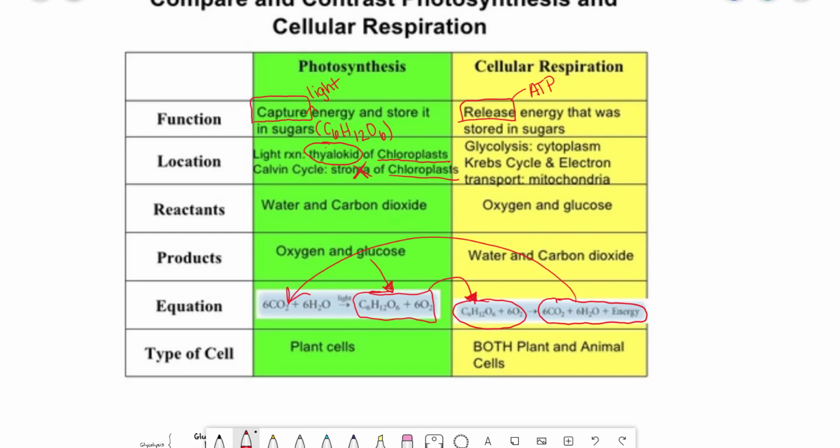One is creating sugar, one is using that same sugar to release energy. Now, we don't have to make our own food because we eat sandwiches, right? Plants don't eat sandwiches. So plants undergo photosynthesis, but both plant and animal cells undergo cellular respiration.